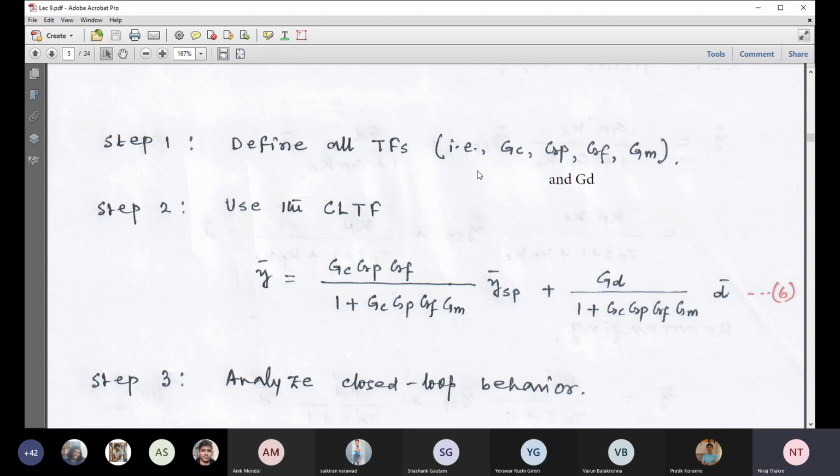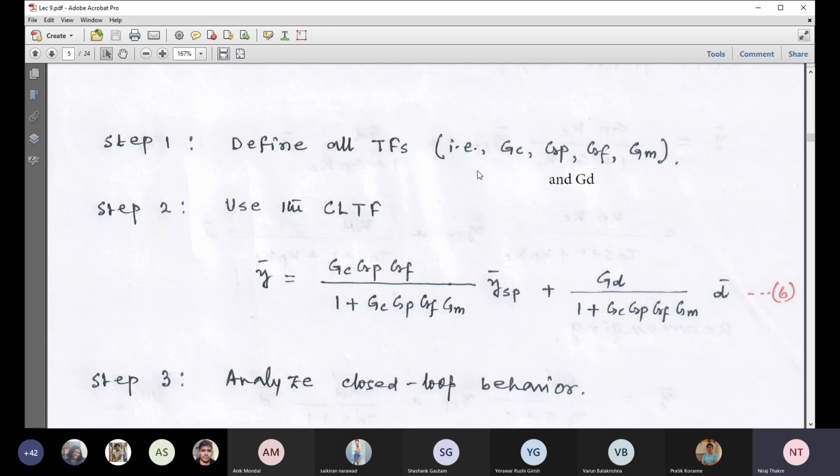In step 1, you try to obtain or develop the 5 individual transfer functions. Then in step 2, we'll substitute those individual transfer functions in the standard closed loop transfer function represented by equation 6.